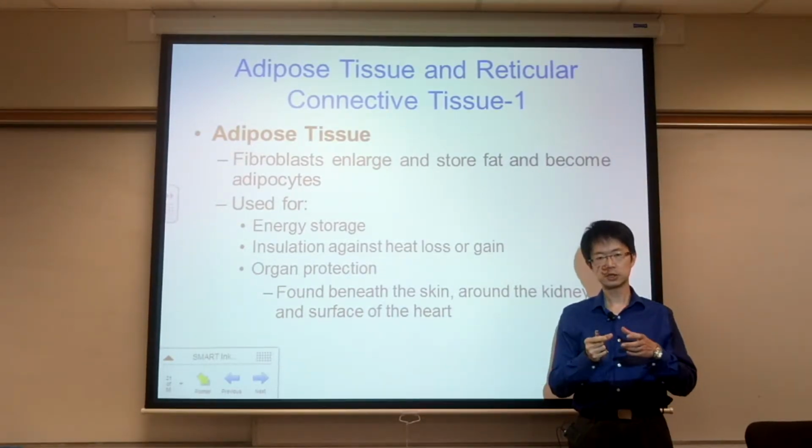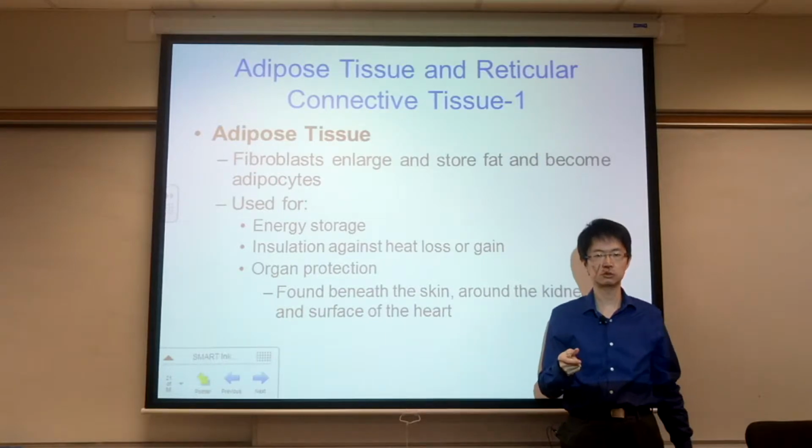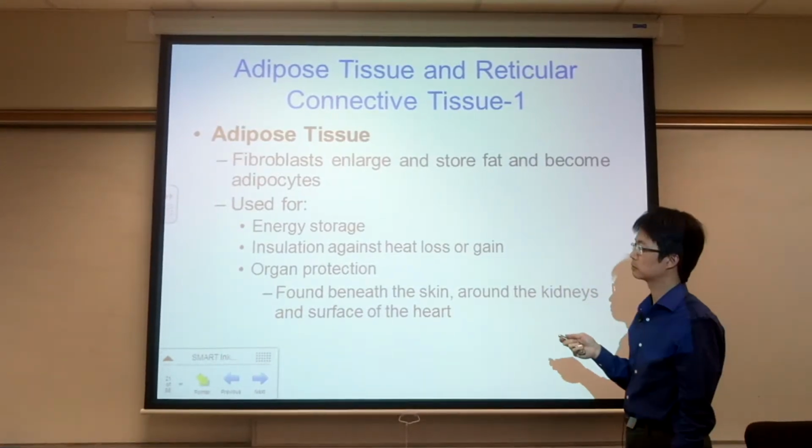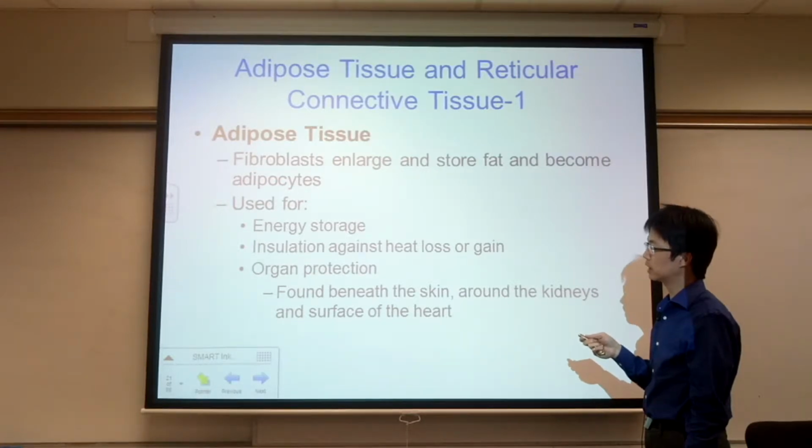The vacuole actually stores so much fat that it enlarges and occupies the entire cell, so that it pushes the nucleus of the cell to the side of the cell. Adipocyte, adipo means fat, cyte means cell, that means it's just fat cell.